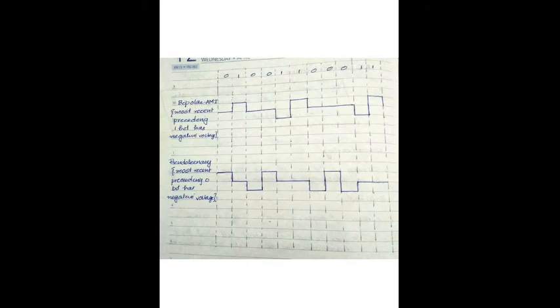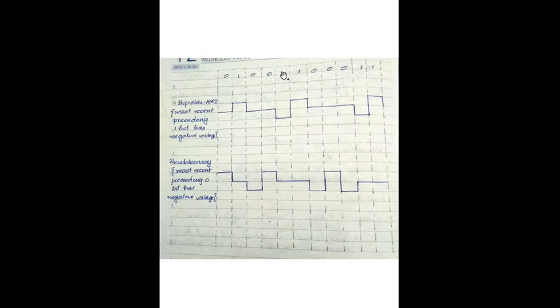You can see that first, in the bipolar AMI, we represent the 0 just as the axis, nil. The first 1 we represent as positive, and the consecutive zeros as nil, that is the axis level.